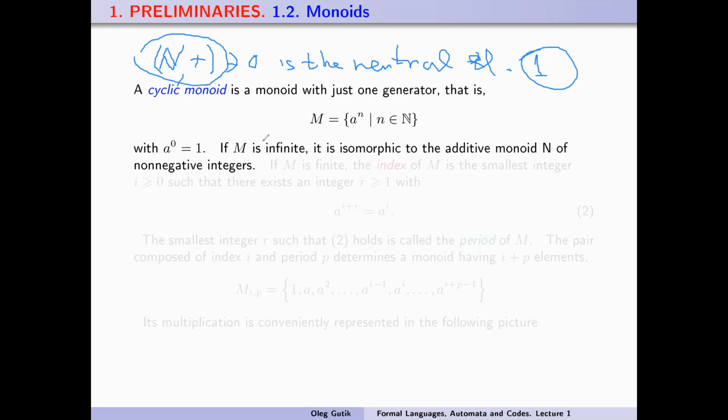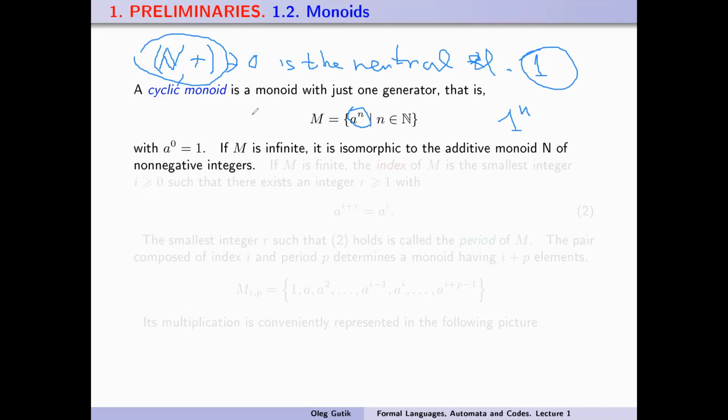So in our case, we consider the monoid N with the operation of addition, and it has the property that all powers of the number 1 are distinct, and hence this monoid is infinite.